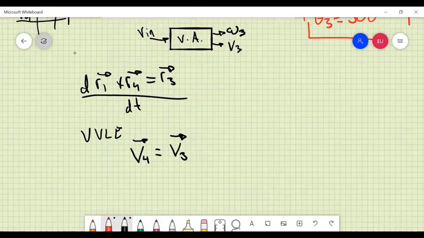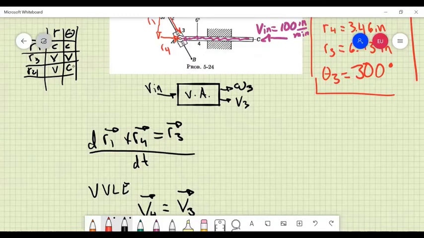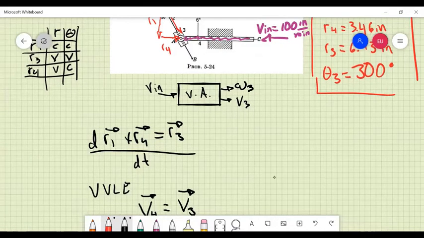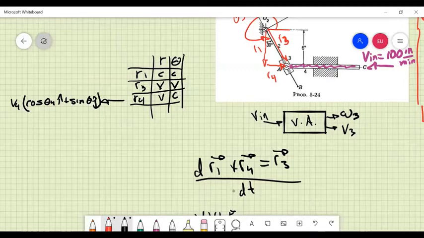R4 is a vector which has variable magnitude, constant direction. And the vectors for this type was linear velocity, same orientation as the position one. You remember? Yeah, that's the type of velocity vector for a position vector that has variable magnitude.